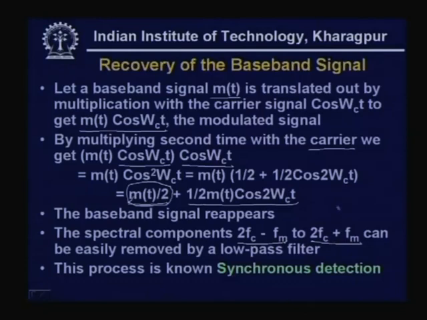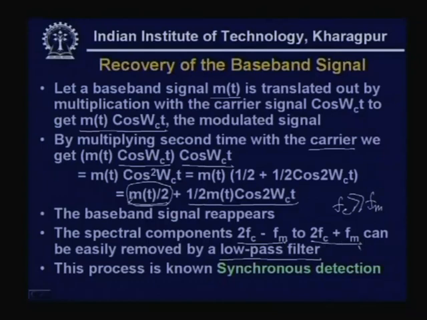However, normally fc is much greater than fm. As a consequence, these spectral components, 2fc minus fm to 2fc plus fm, can be very easily removed by using a low pass filter. That means, if you use low pass filtering, then you can get back only the baseband signal.